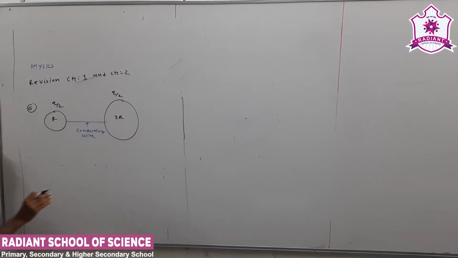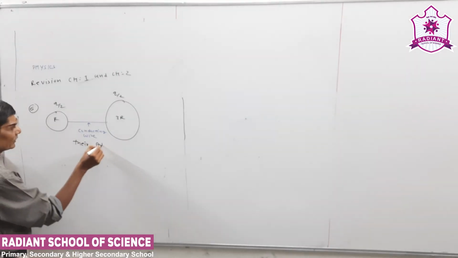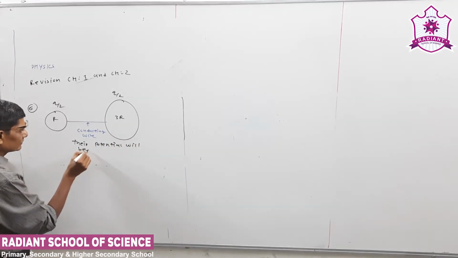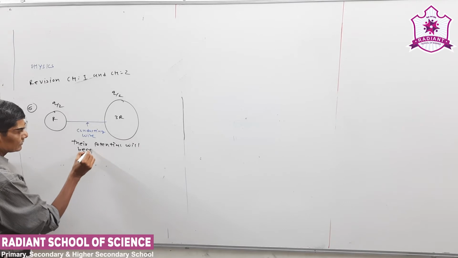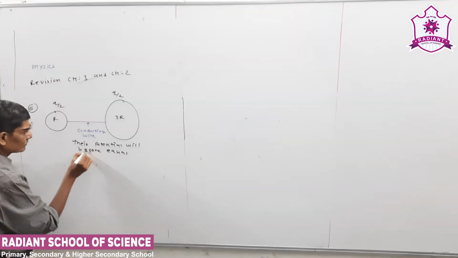So when they are connected by a conducting wire, their potential will become equal.